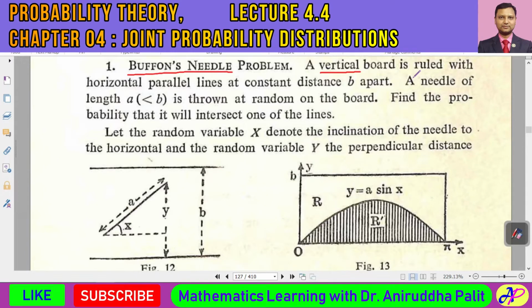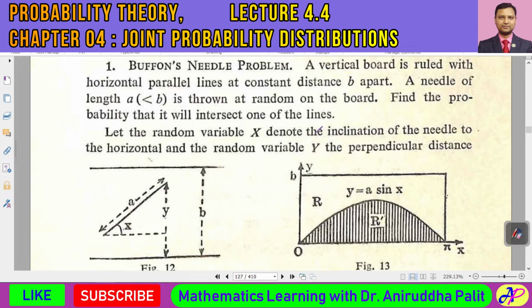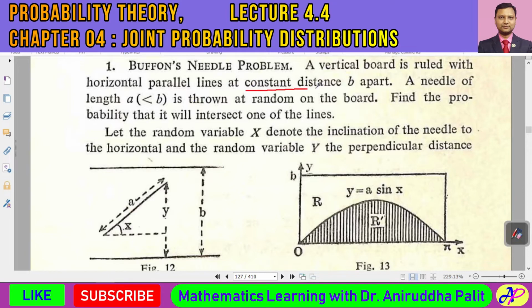So we actually have a horizontal board, not a vertical board, and on that board we draw a few parallel horizontal lines.